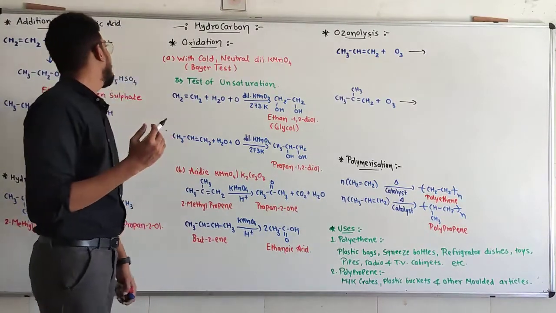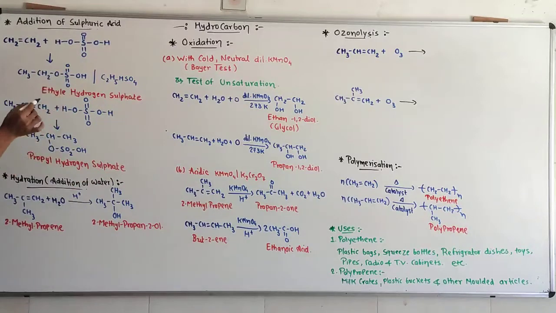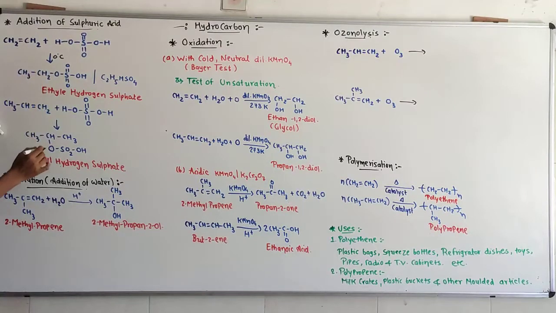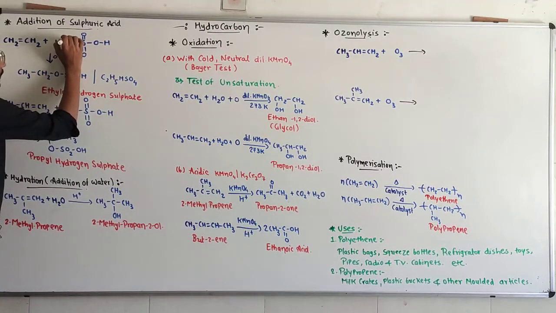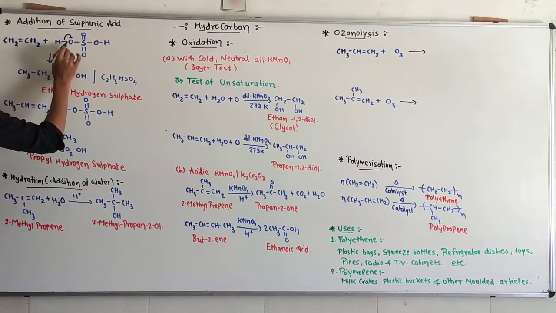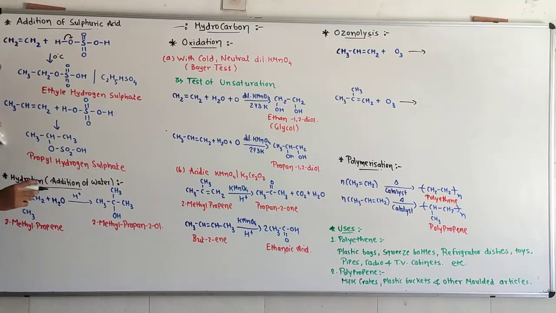Now, addition of sulfuric acid takes place at a low temperature, in a cold medium. We have to maintain a temperature of 0 degrees Celsius. Now what happens here? One electron will be obtained by the oxygen. The H and O bond will be broken and one electron will be on the oxygen.